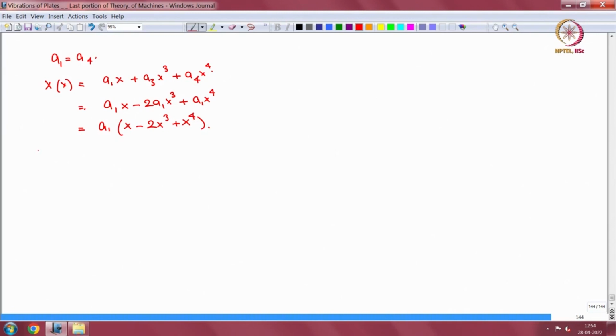Okay. So, I will choose the first one, phi 0 of x, as x minus 2x cube plus x fourth divided by the square root of the integral 0 to 1 of x minus 2x cube plus x fourth, squared.